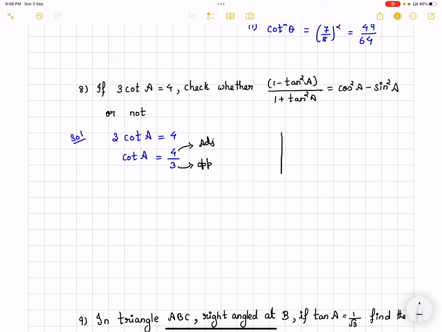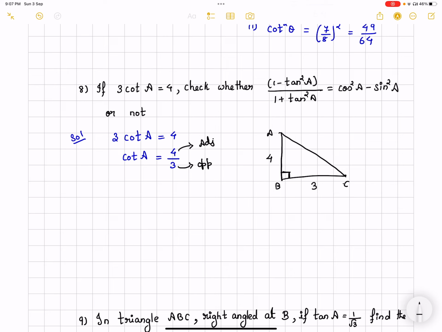So let's draw a right angle triangle. Here I have A, B and then C, right angled at B, so AC is my hypotenuse. Then for cot A, adjacent is 4, opposite is 3. I need to find out my AC because they are speaking about cos and sine also.